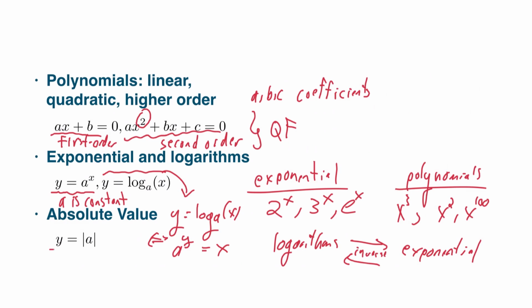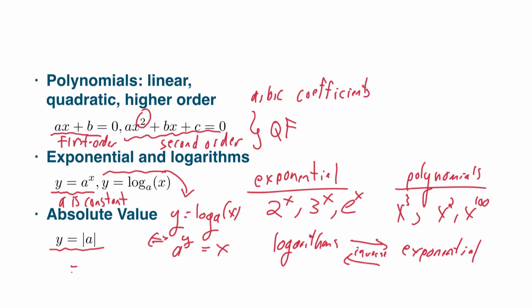And then finally, we will study the absolute value. Okay, this sometimes seems complicated and challenging, but actually I think has a very simple formula. It just says whatever your input is, if it's positive, leave it alone. If it's negative, drop that negative sign.